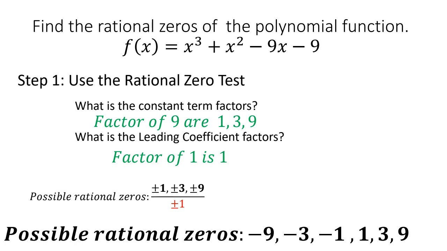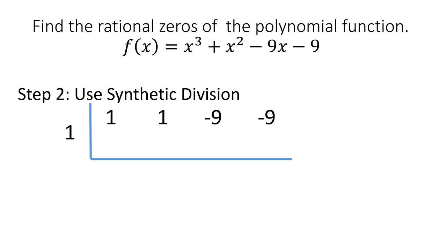So if I actually really wanted to find a true zero, what I would do to practice is use synthetic division. Synthetic division is a way to divide the polynomial by our possible zeros. And if our remainder is 0, then that value is a zero of the polynomial.